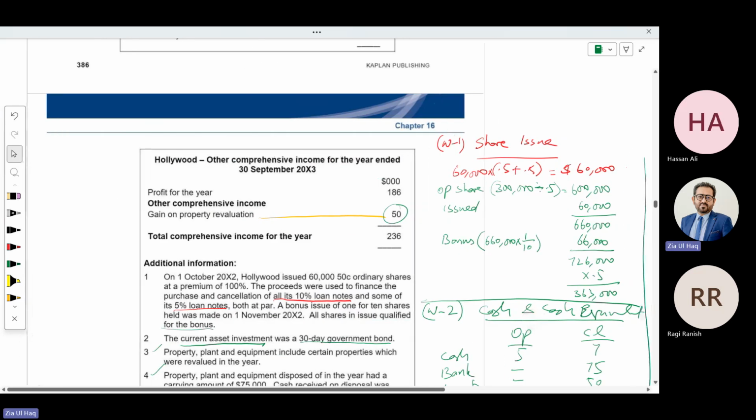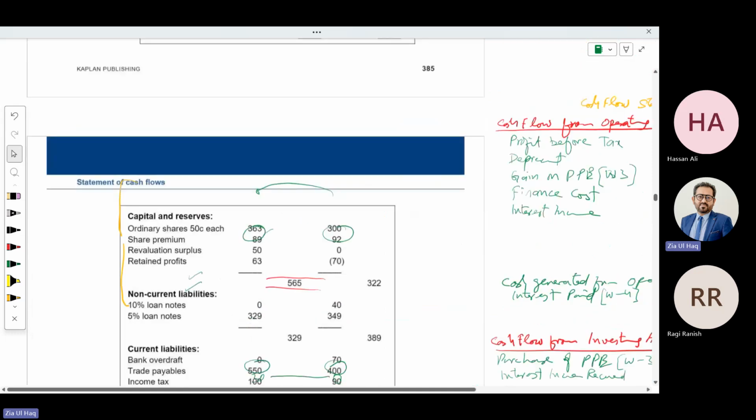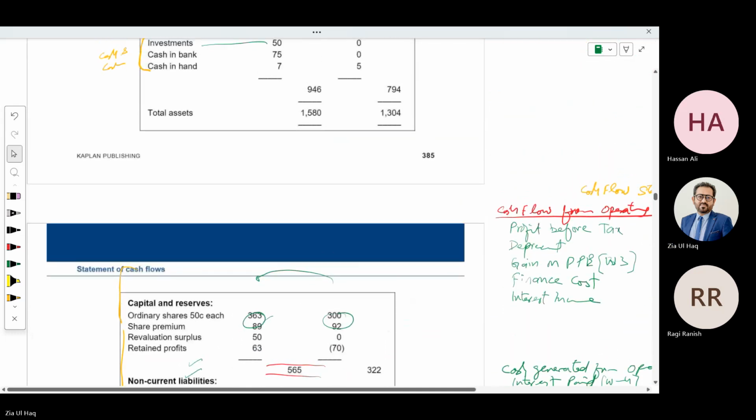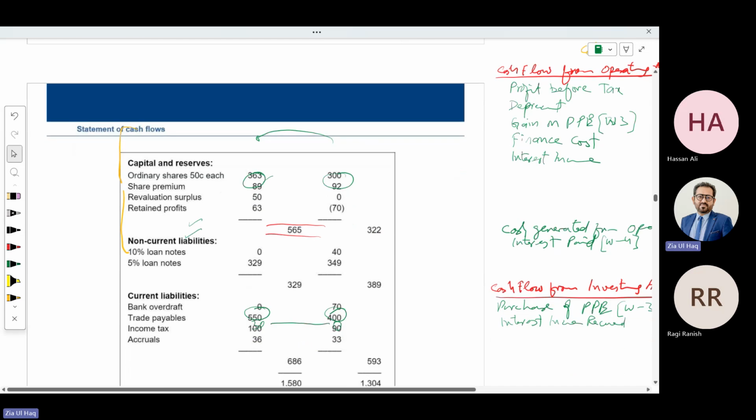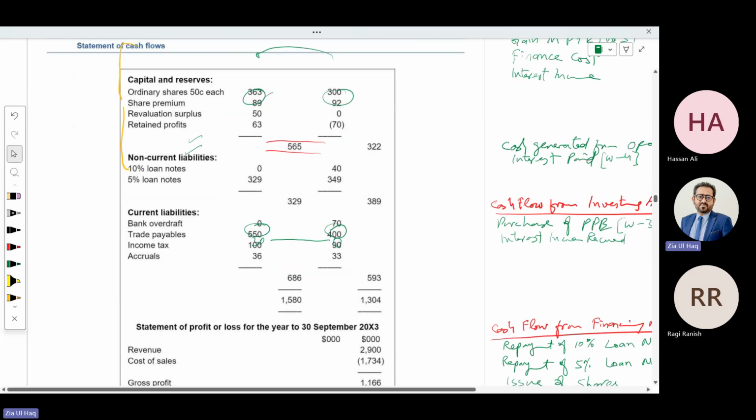What else are we left with? We are left with now only working capital changes. Is there anything else? Share premium, revaluation surplus, retained earning, loan note we have already recorded. We are left with the income tax as well.